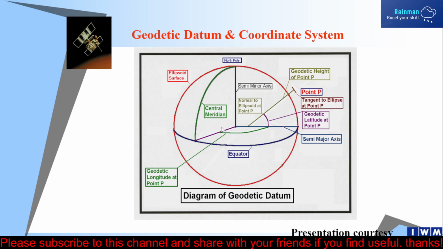The angle from the central meridian is longitude, and the angle from the equator is latitude. Latitude represents the distance north to south, and longitude represents the distance from east to west.